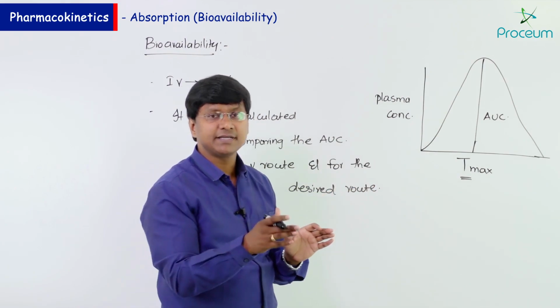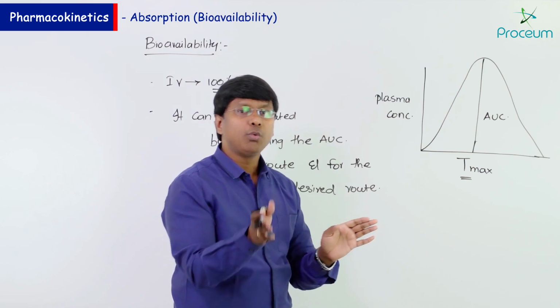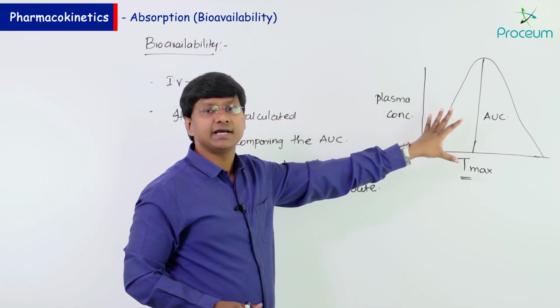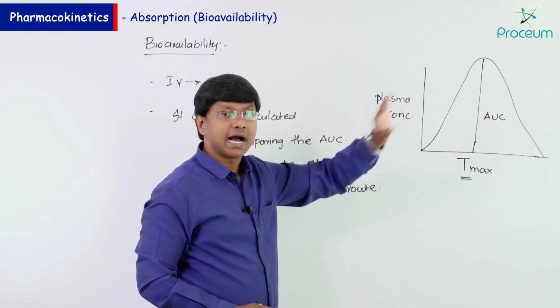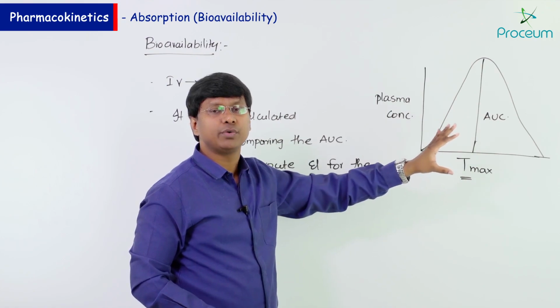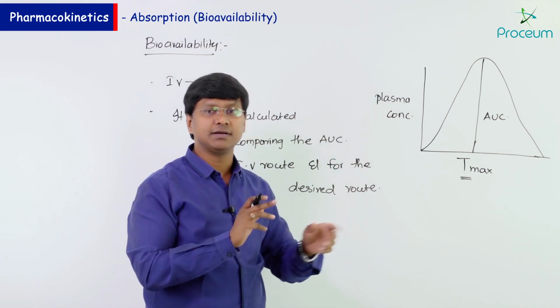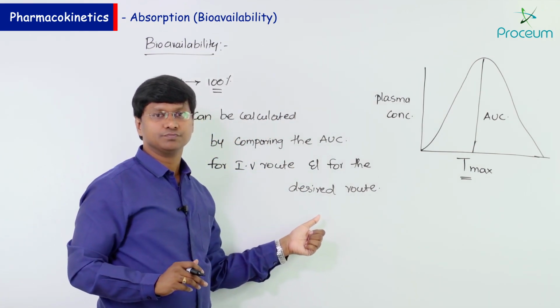And that particular graph of the oral route should be superimposed or replicated over the intravenous route AUC. So when you apply that oral route AUC over the intravenous route AUC, then you can assess the bioavailability of that particular route, whichever you want to.